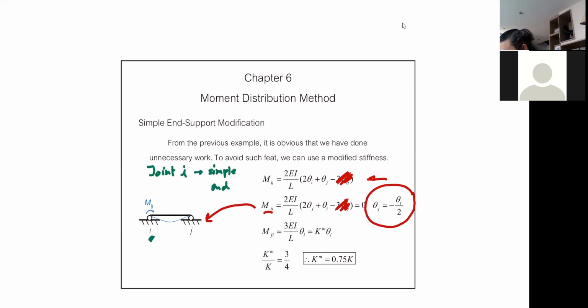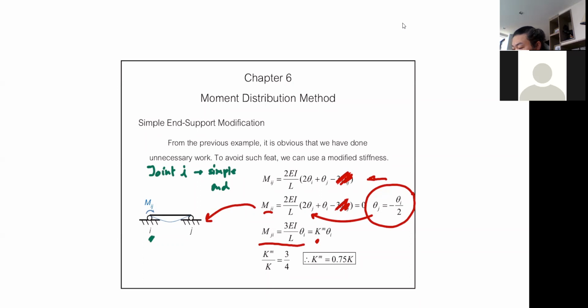So we can rewrite theta j by replacing this. Because Mij is 0, when we solve this we will get Mji equal to 3EI over L multiplied by theta i. Let's say 3EI over L is k, so this can be rewritten as k modified times theta i.